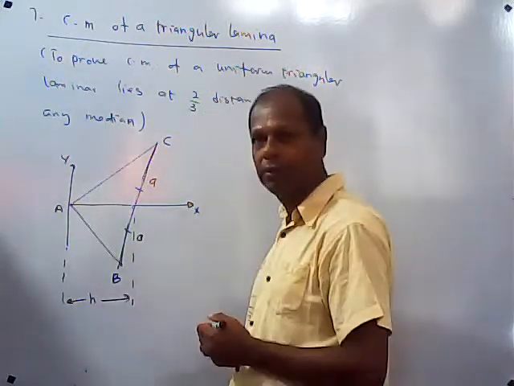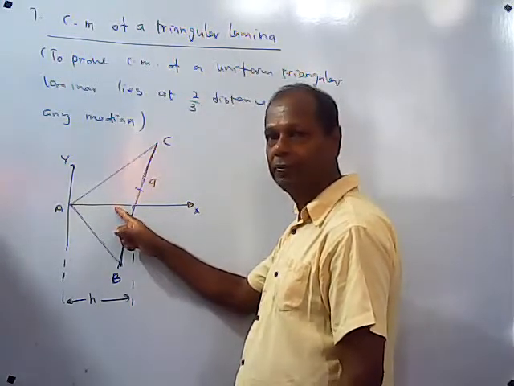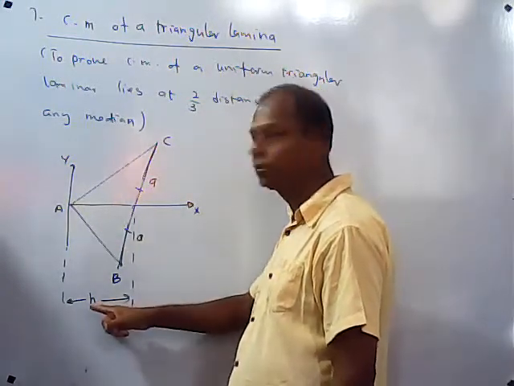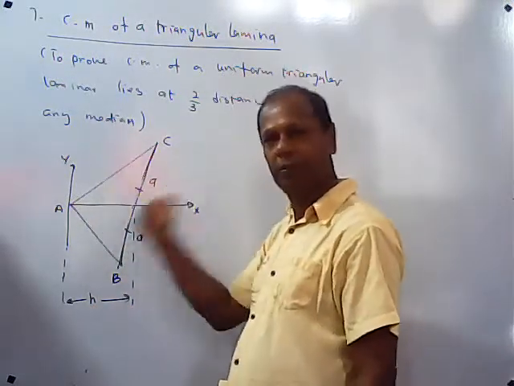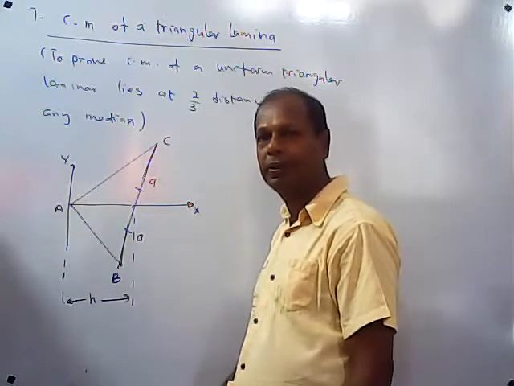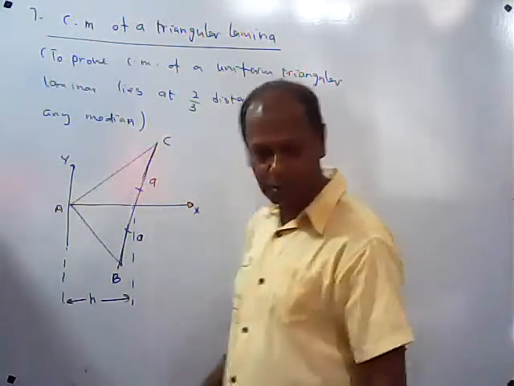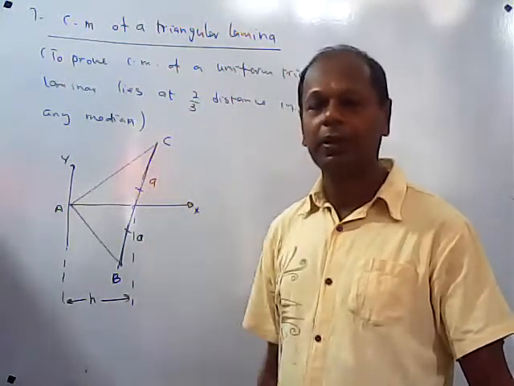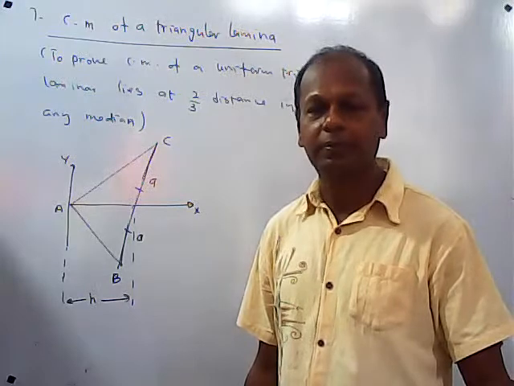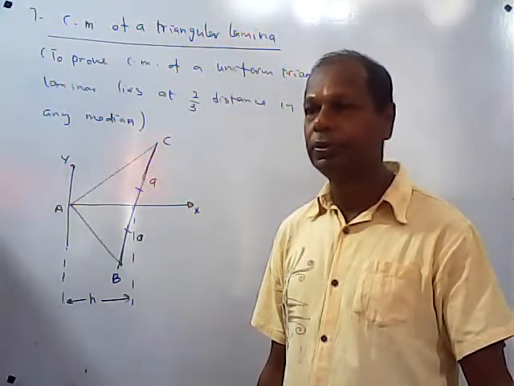So we are going to show that the center of mass falls on the median at a distance 2h over 3. So if you take another median, in that also it will be at a distance 2/3, right? Fine. Now, how to cut this triangular lamina into pieces? What is the best thing to do?